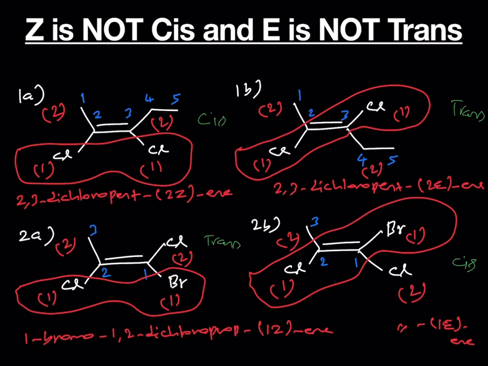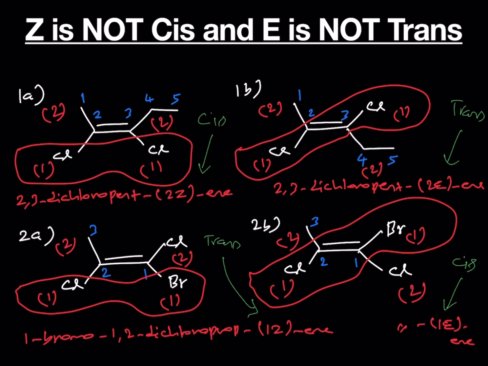In the case of 1A, cis gave 2Z. In the case of 1B, trans gave E. In the case of 2A, trans gave Z. In the case of 2B, cis gave E.